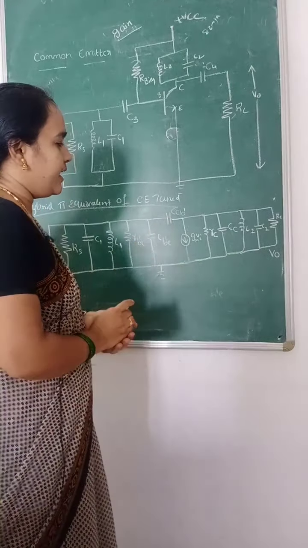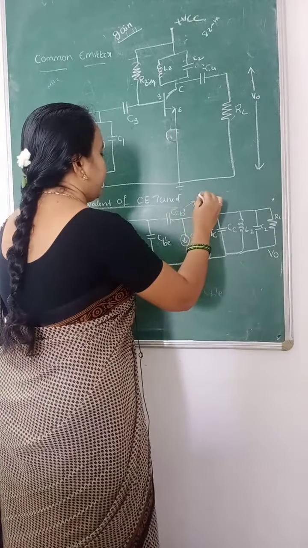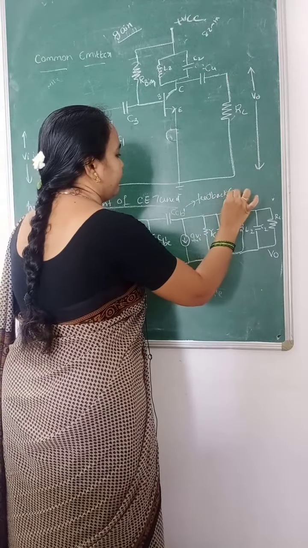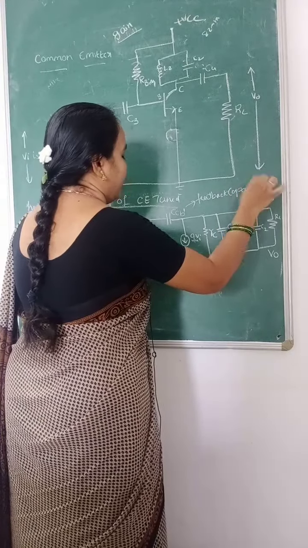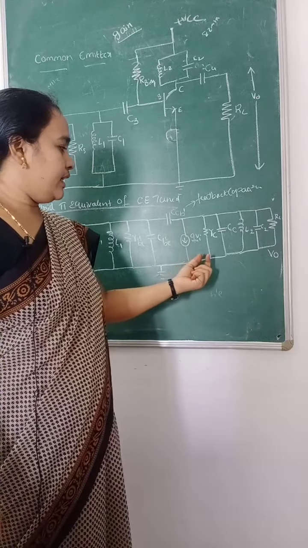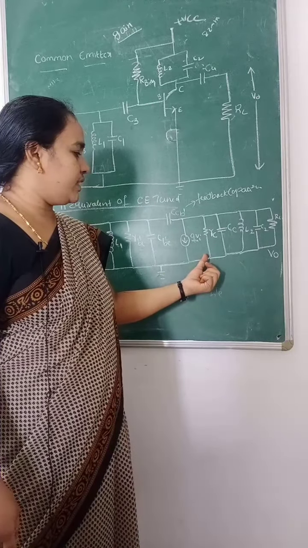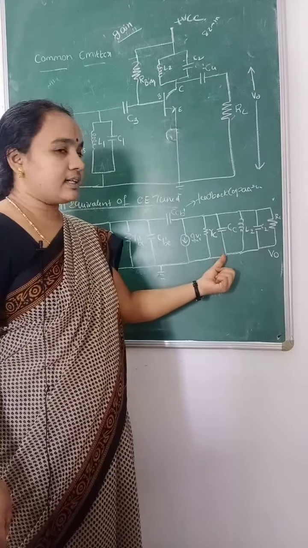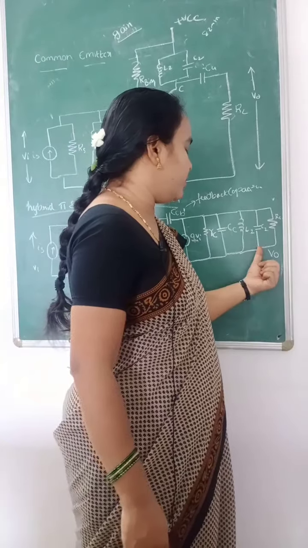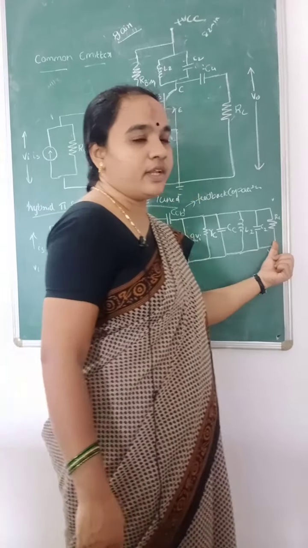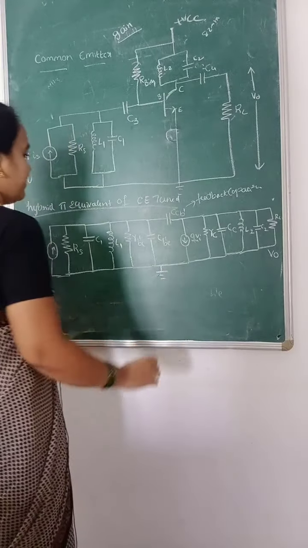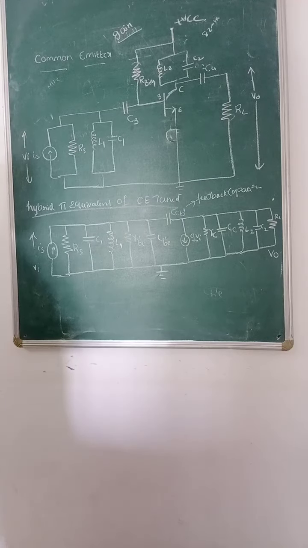And CCB-, here we can also call it the feedback capacitance. And in the output circuit we will have a current source in parallel combination with the collector resistance and collector capacitance, with the tuned circuit L2 and C2, and in parallel combination with load resistance RL. So this is the hybrid pi equivalent model of a tuned amplifier.